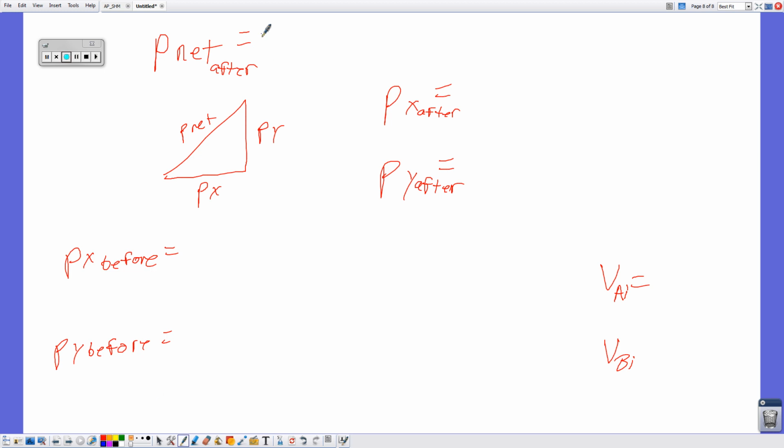Let's see, this is going to be mass times velocity. Well, the total mass, that's going to be 1,500 plus 1,500 times 11. All right, well, that's 3,000. 3,000 times 11 equals 33,000. All right, now I'm going to do my nifty trig stuff.